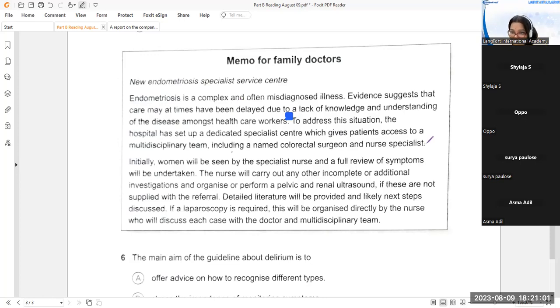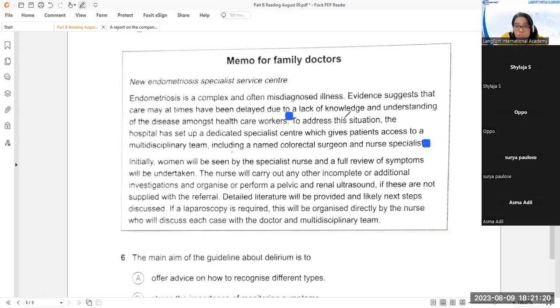And then till here, Surya. Yes. To address this situation, the hospital has set up a dedicated specialist center which gives patients access to a multidisciplinary team, including a named colorectal surgeon and a nurse specialist.